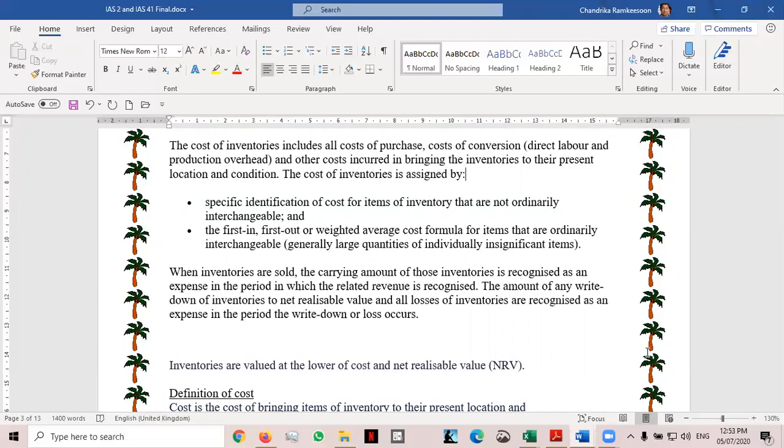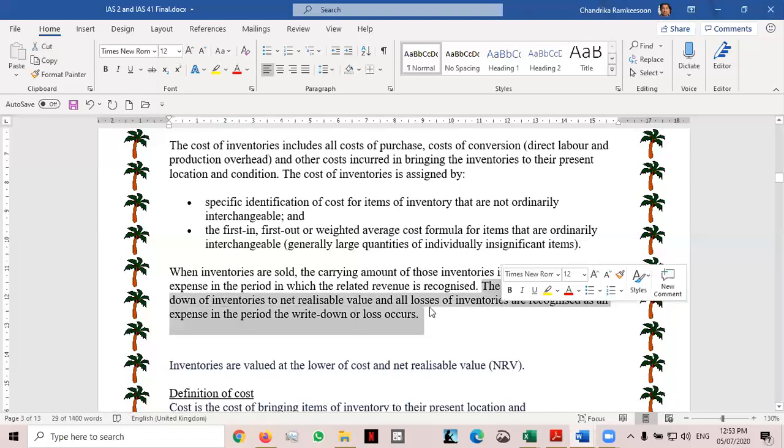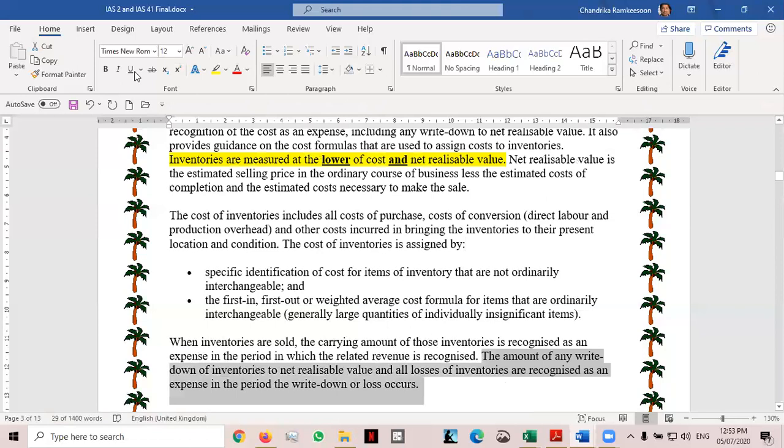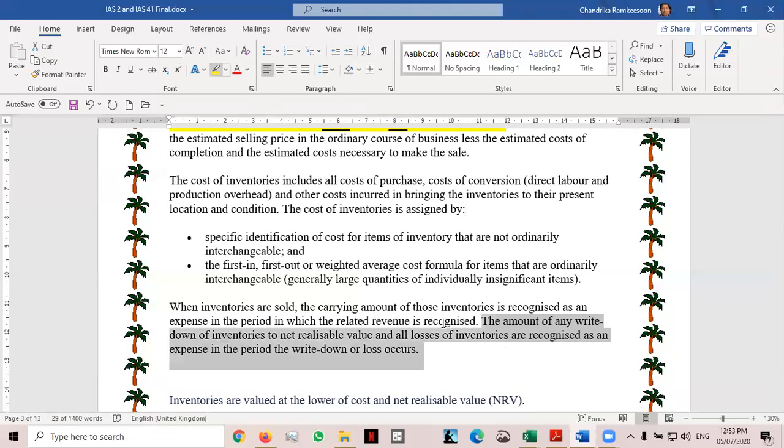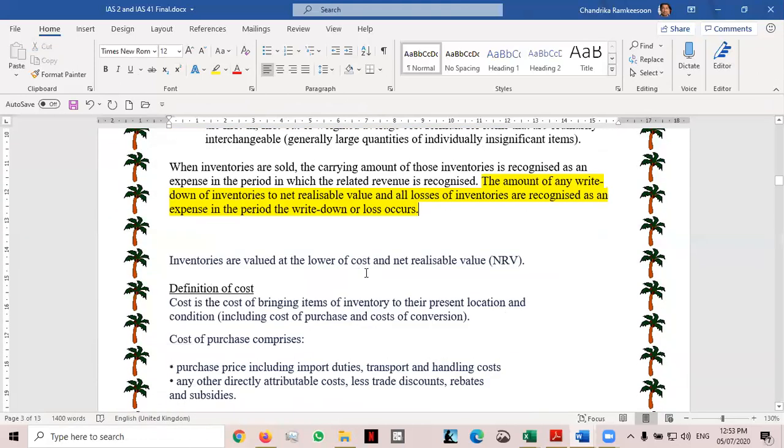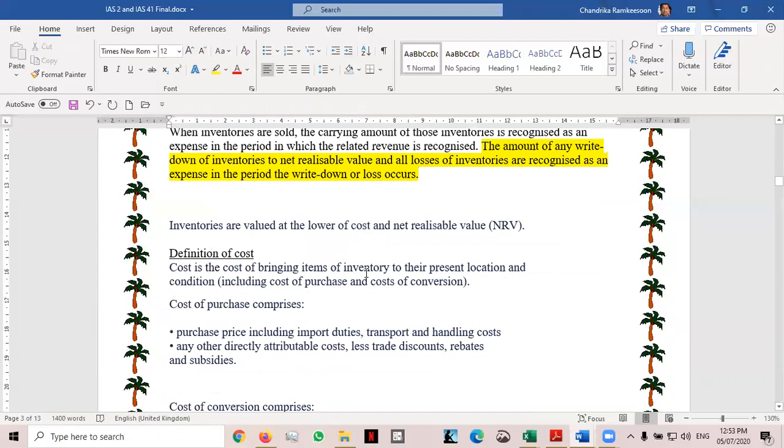And that's very, very important. You may have to deal with that in a question. Okay, so again, please note that. Right, so inventories are valued at the lower of cost and net realizable value.